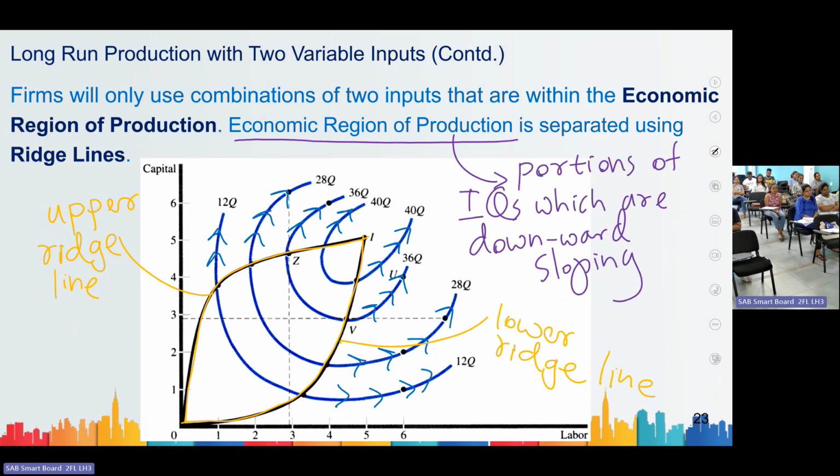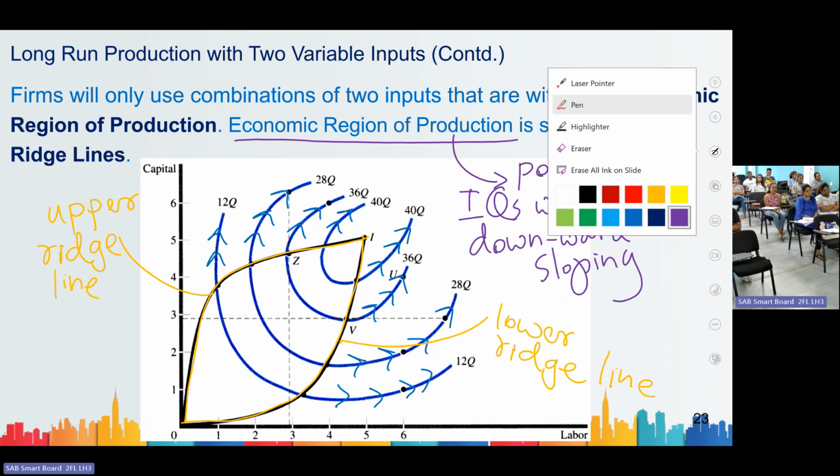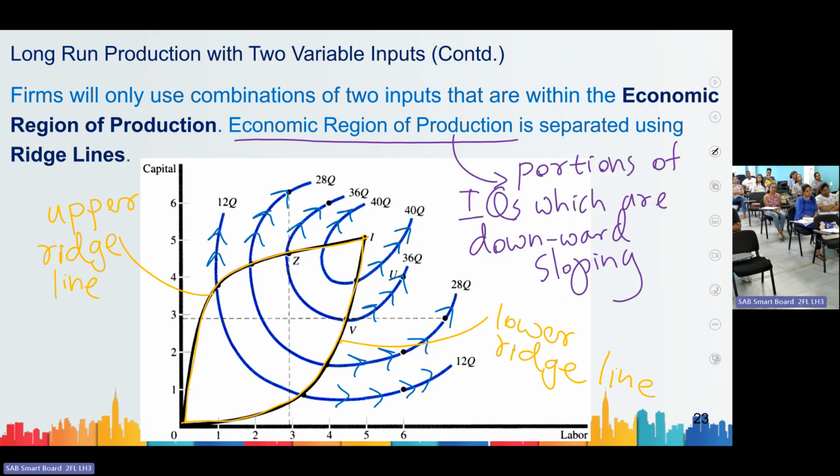The upper ridge line is drawn by combining the points where marginal product of capital is 0.